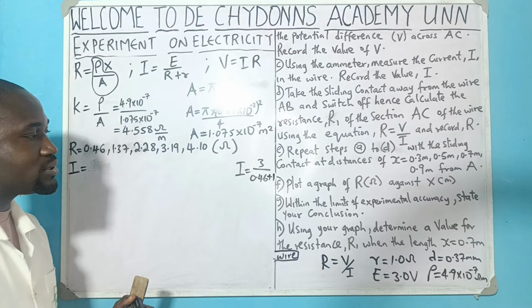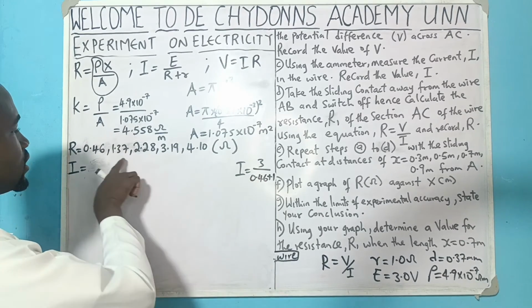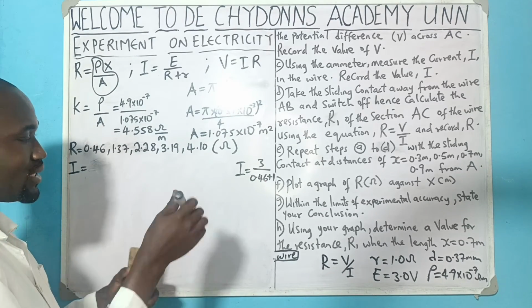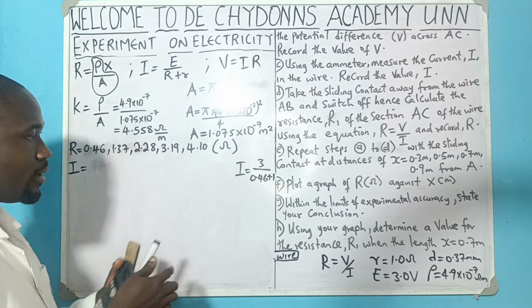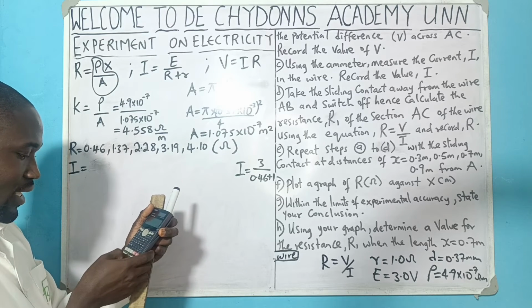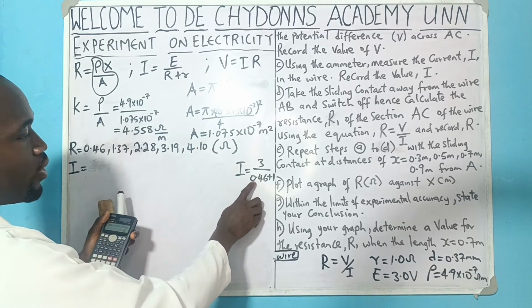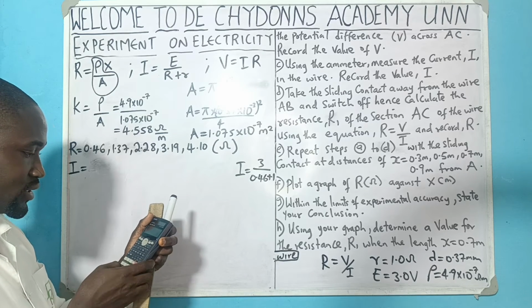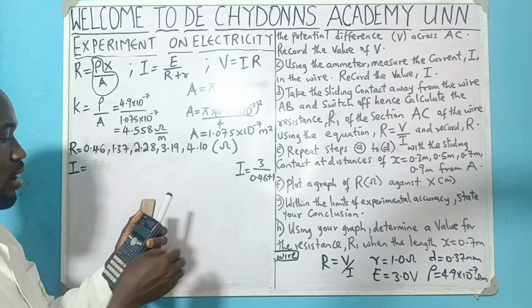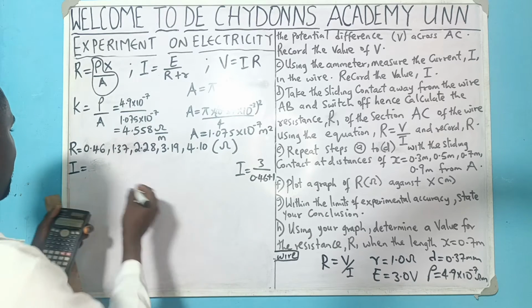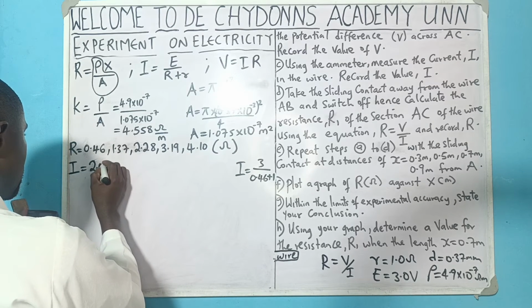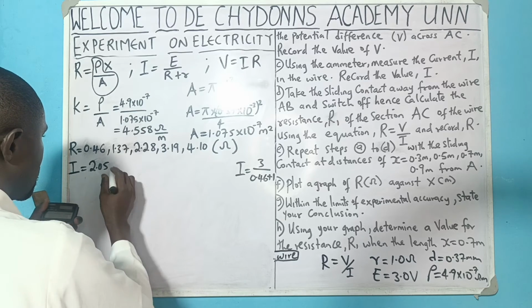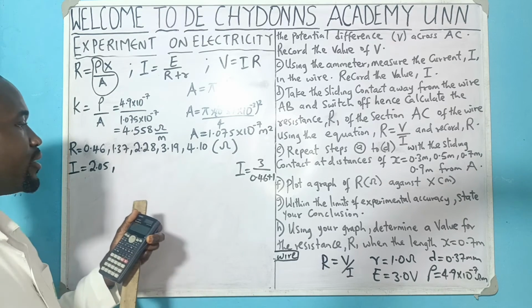Are you getting it? So after that, we change this to 1.37. Okay, let's check it out. 3 divided by 0.46 plus 1, that is 1.46, will give you 2.05 amperes.